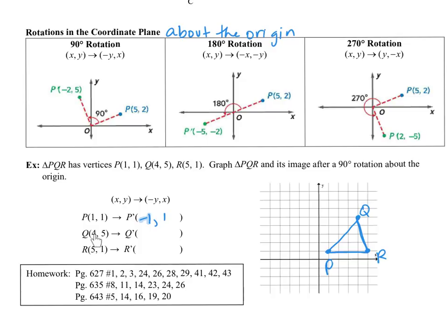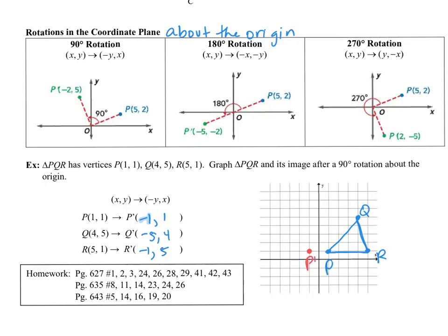The point (4, 5) will become, okay, change the sign on y, and then switch places, so that would be (-5, 4), and then the point R at (5, 1) will become (-1, 5). So let's graph those points. So (-1, 1) would be right here.